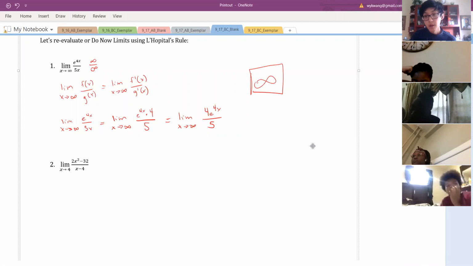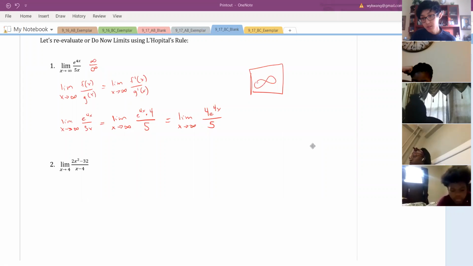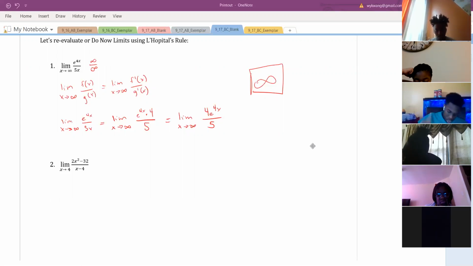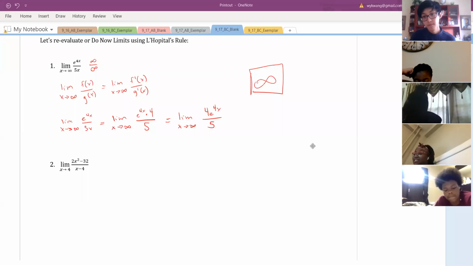Cool. I would like to see a few more names in chat, because I think this problem is pretty standard for L'Hopital's rule. Okay, awesome, I'm getting a couple more now. Cool. Thank you, Alexandria.